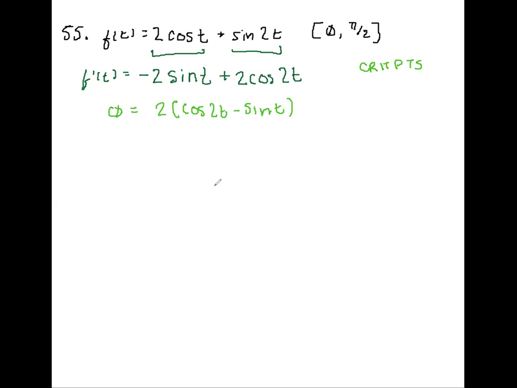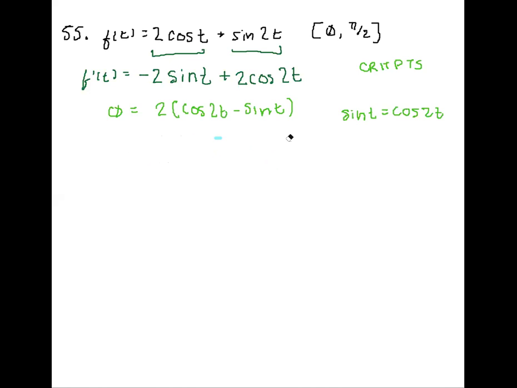So this whole thing is equal to 0 when cos 2t minus sine t is equal to 0, which is when sine t is equal to cos 2t, which I got just by adding sine t to both sides.